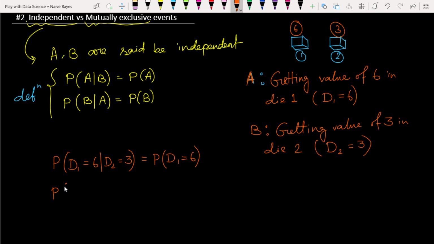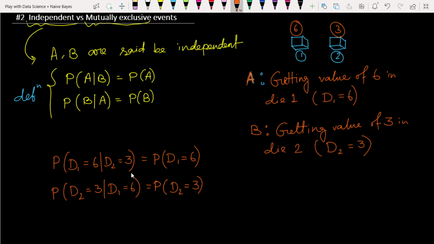Similarly, the probability that d2 equals 3, even if we have already got d1 equal to 6, does not depend on the value we got from die 1. So this probability will simply be this one.